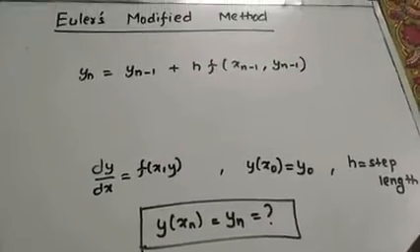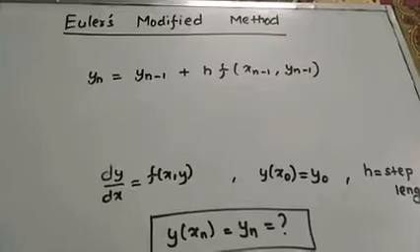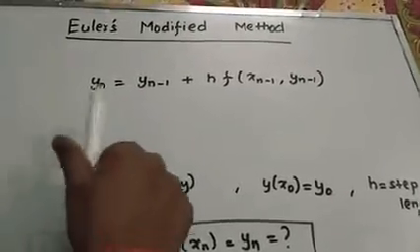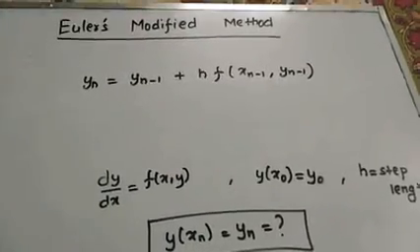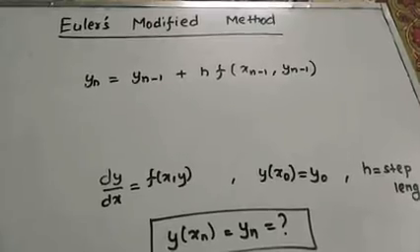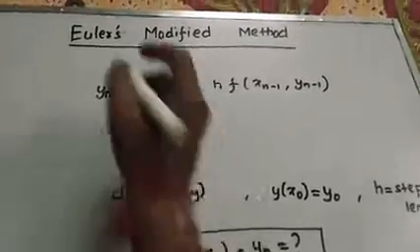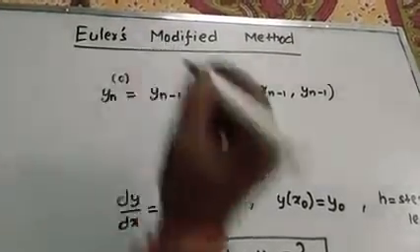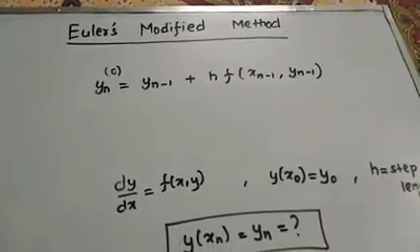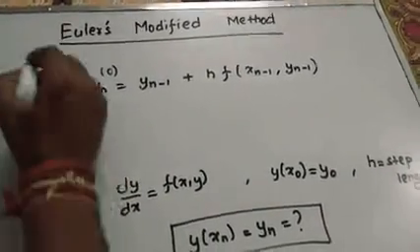For that, first of all we will use the Euler method formula, yn equals yn minus 1 plus h f of xn minus 1, yn minus 1, and we will denote it as yn to the power 0. This was the first formula.